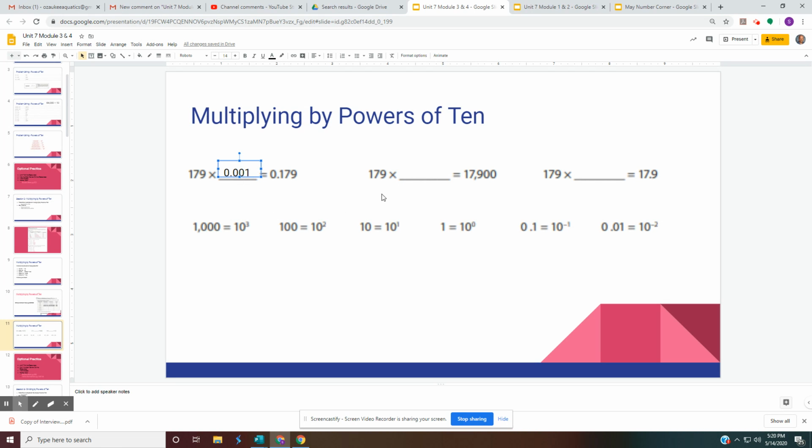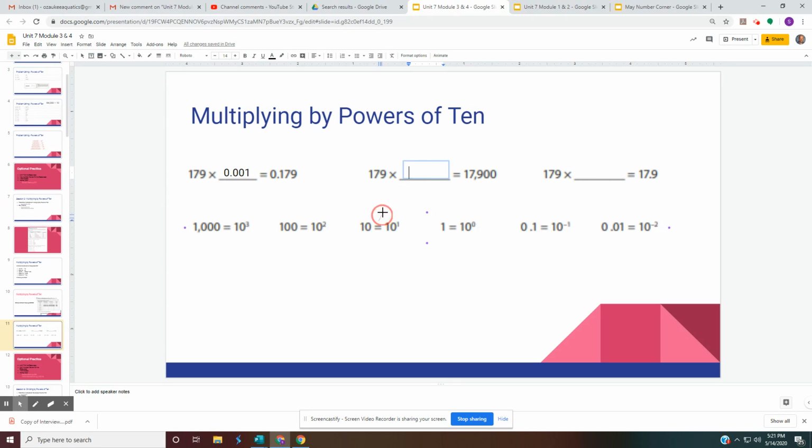All right. So now let's take a look at 179, and we end up with 17,900. So what base 10 power of 10 am I using? This would be what as a power? 10 to the what? Negative third, right? We don't have a negative 3 here, so I didn't have a chance to do that, right?